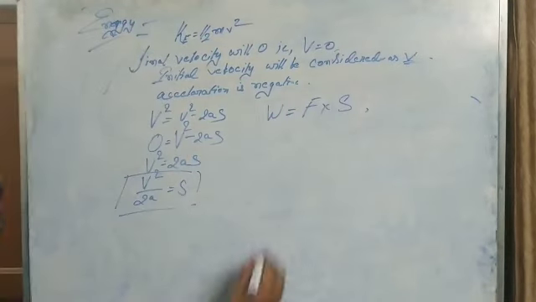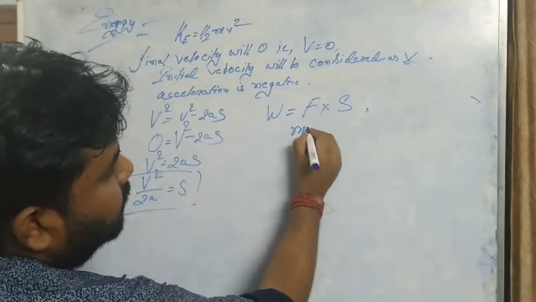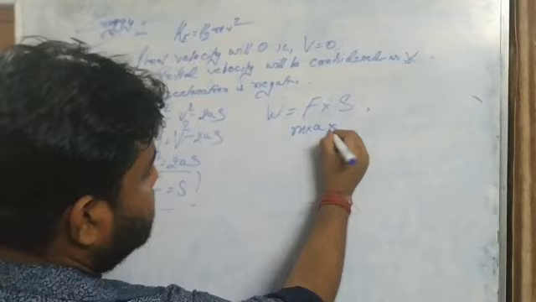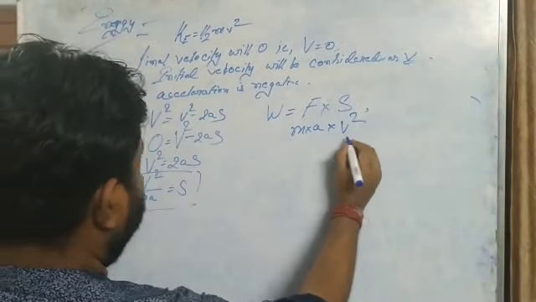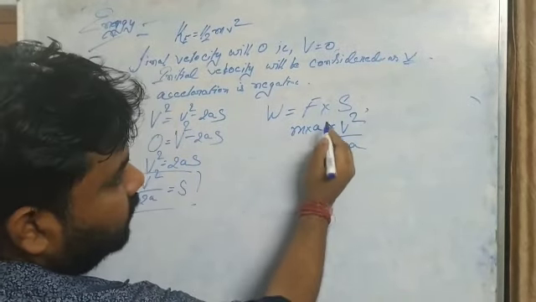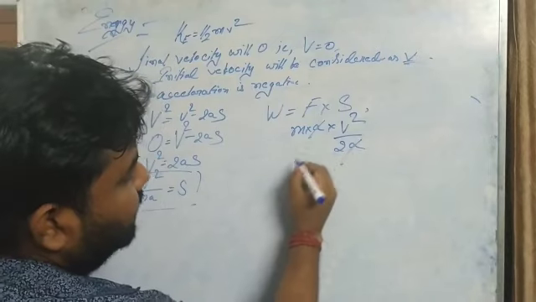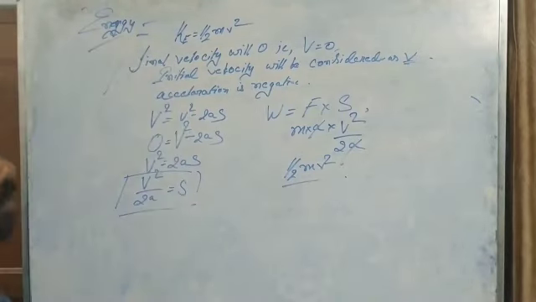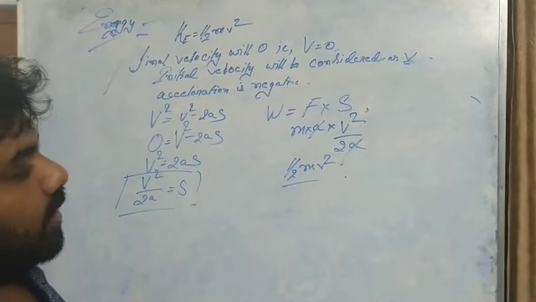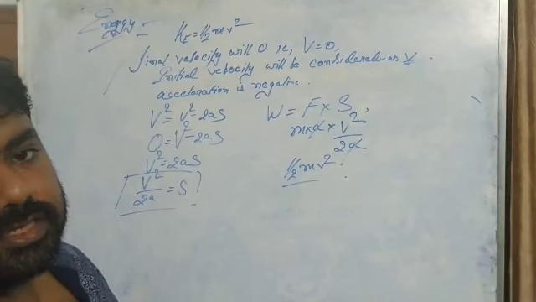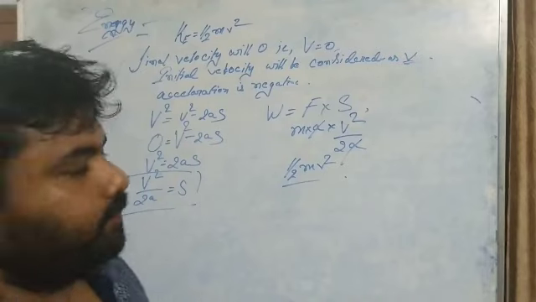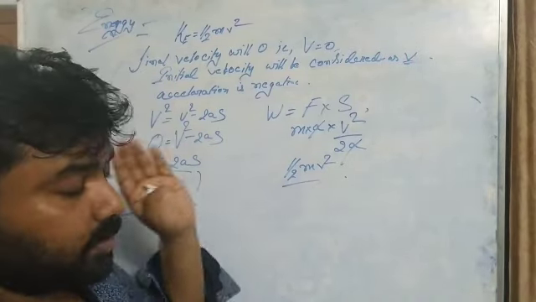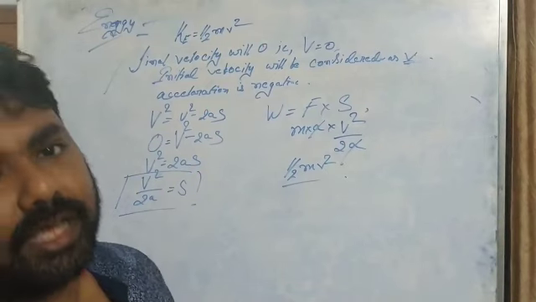Force means m into a, that is mass into acceleration, and s equals v square by 2a. We will cancel a, that is half mv square. The question also arises, what will happen if the velocity is doubled? If the velocity is doubled, then the kinetic energy will be 4 times.